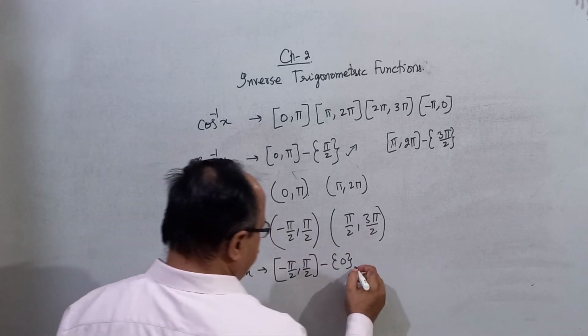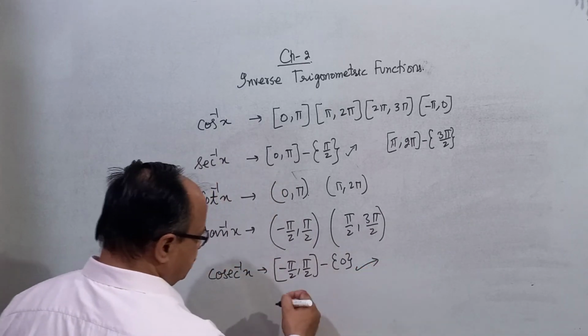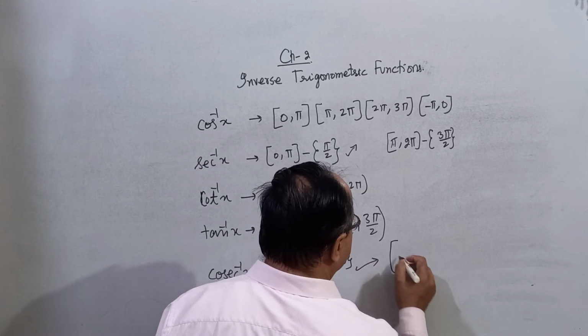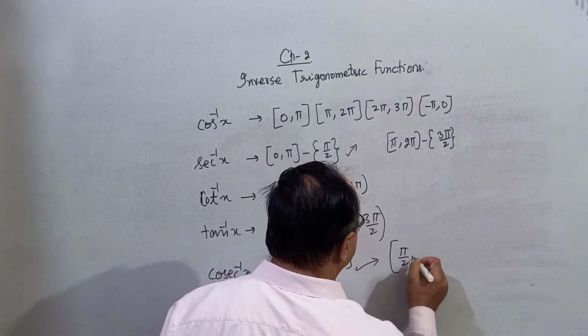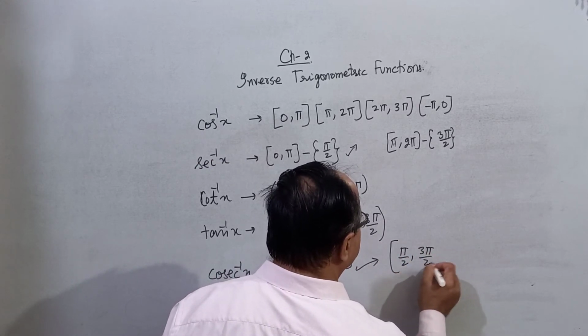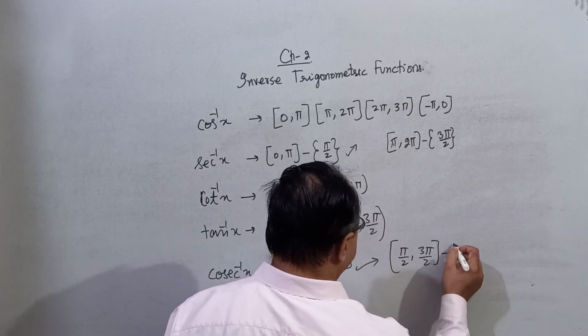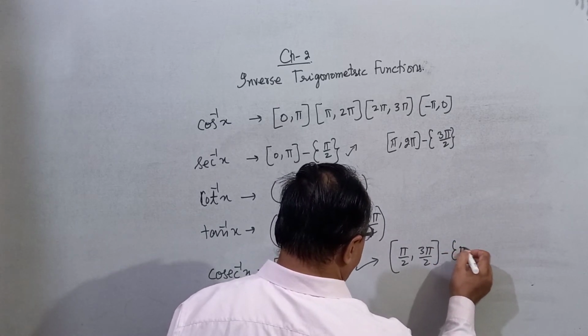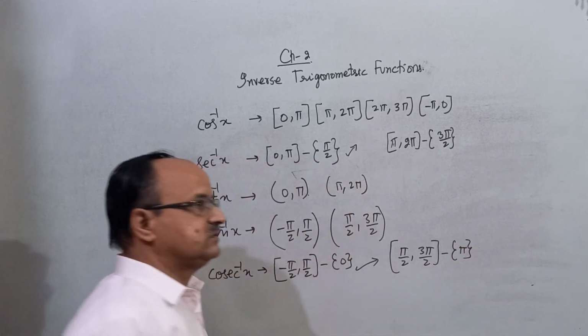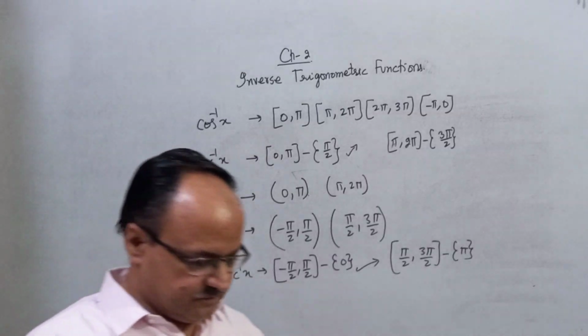And the other branch of cosec inverse x is pi by 2 to 3 pi by 2, except pi. Okay, right?